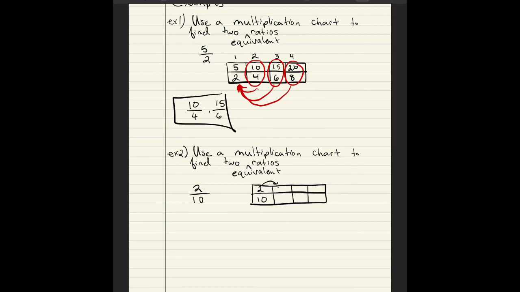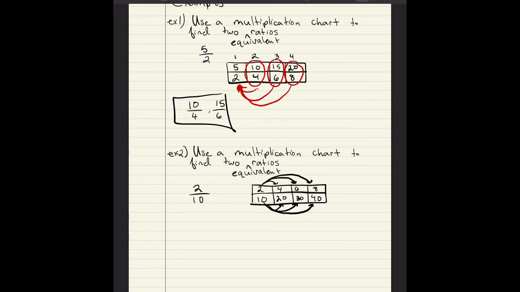So we can multiply 2 by 2 and get 4. 2 by 10 is 20. 2 times 3 is 6. 10 times 3 is 30. And 2 by 4 is 8. And 10 times 4 is 40.